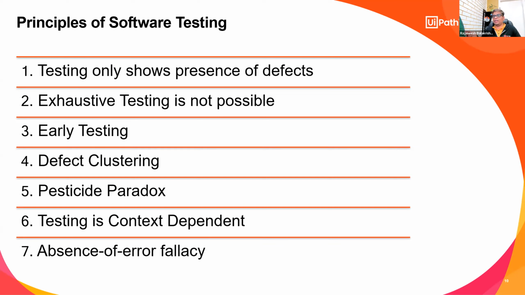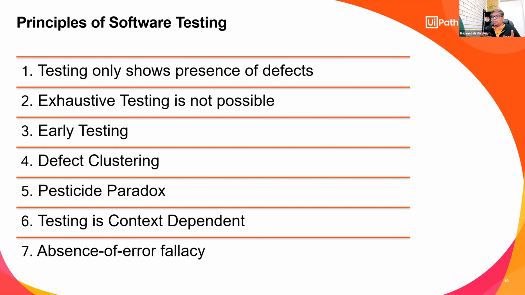So that doesn't matter. In that case, testing is not that necessary. It is okay to do less amount of testing in such areas. And testing is context dependent only because of that. So based on the business, you can apply testing.